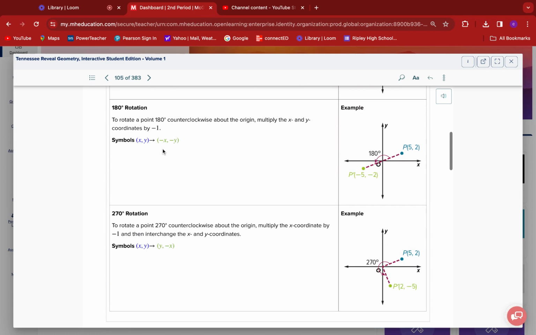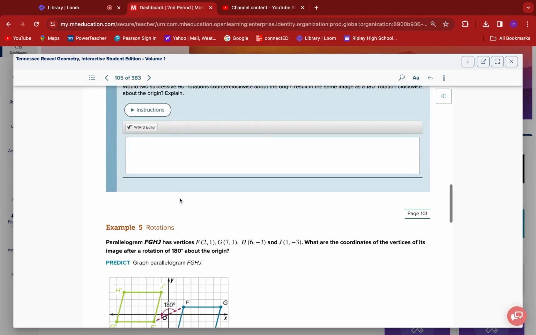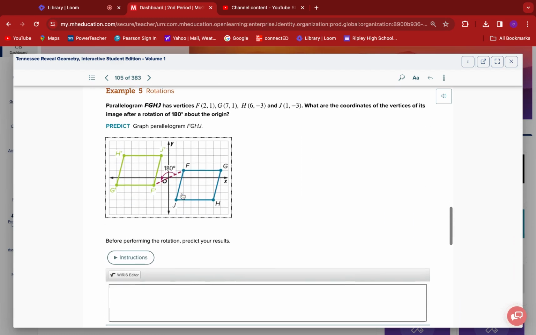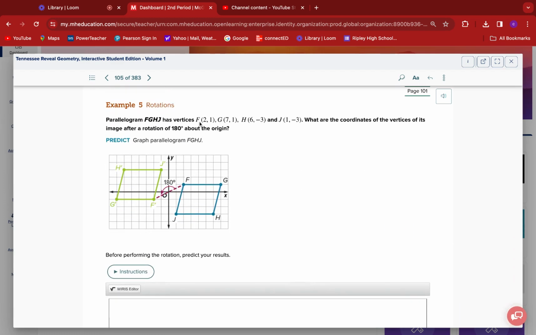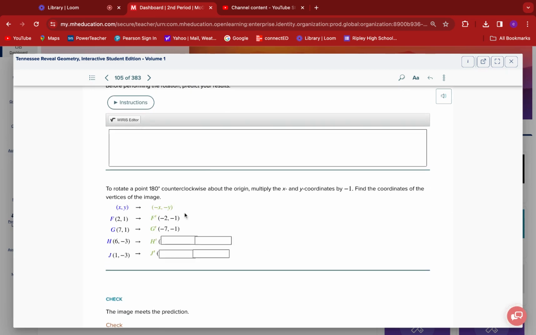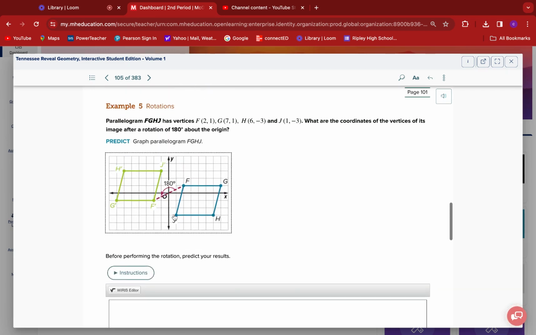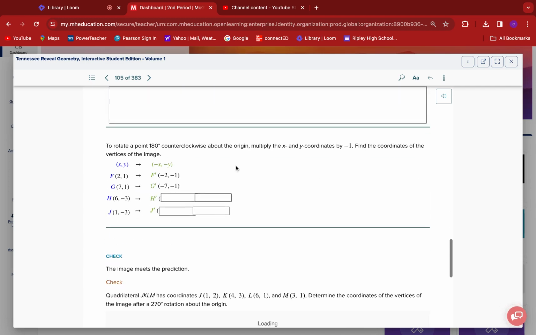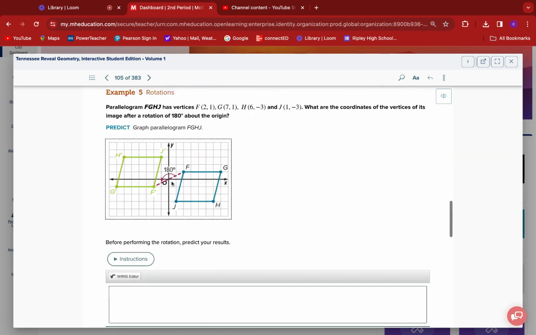All right, here's your cheat code. Whatever X is, change the sign. Whatever Y is, change the sign. All right, here it goes. So that means F originally is 2, 1. My new F is -2, -1. There it is. Original G, 7, 1 becomes -7, -1. There it is. I feel like I'm singing that song.